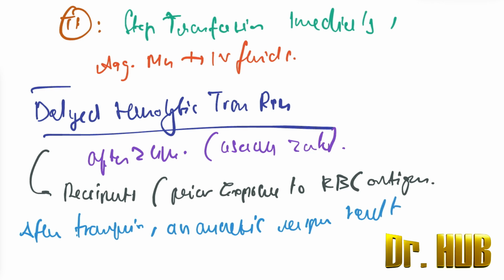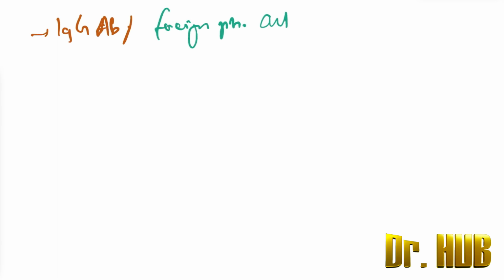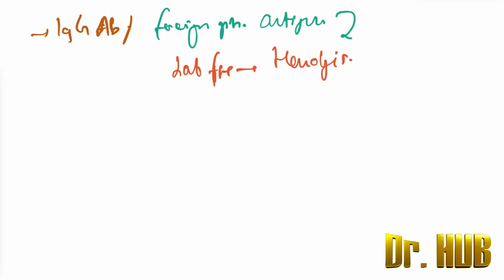This results in antibody production, typically IgG antibodies to foreign protein antigens, associated with lab features of hemolysis.